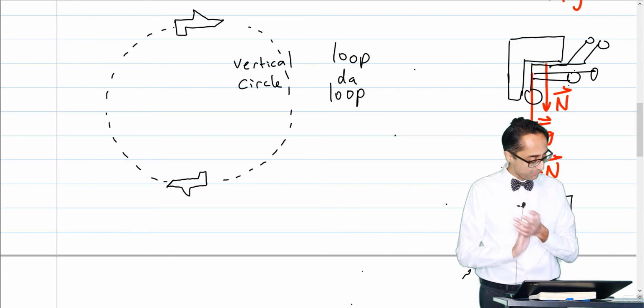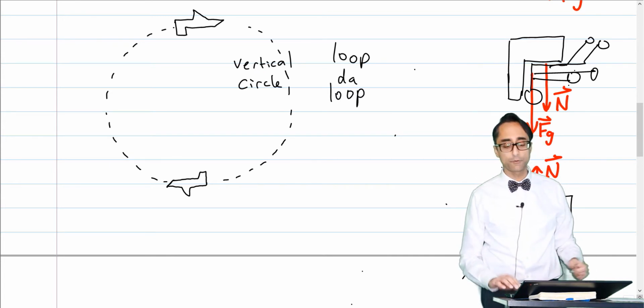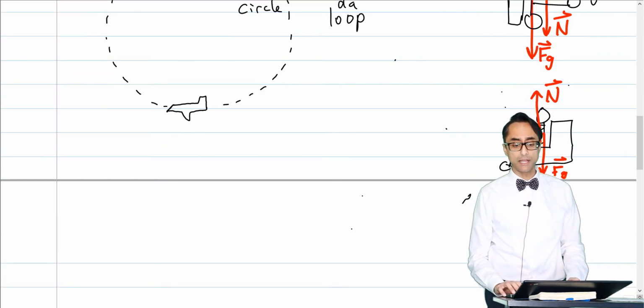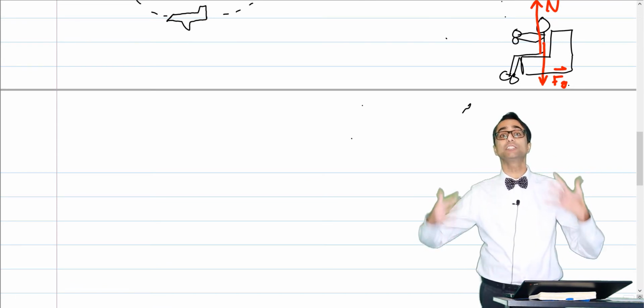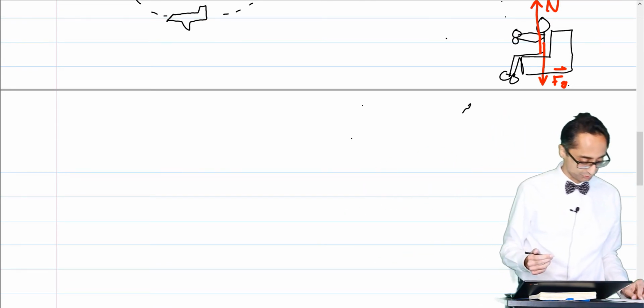All right, so what do we have? We have our free body diagram, and what we realize is the free body diagram changes throughout our vertical circle.